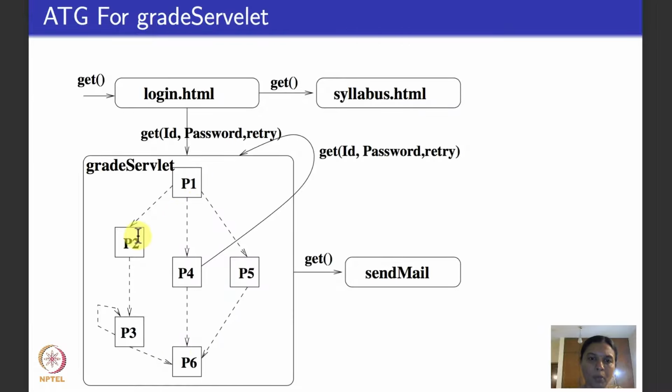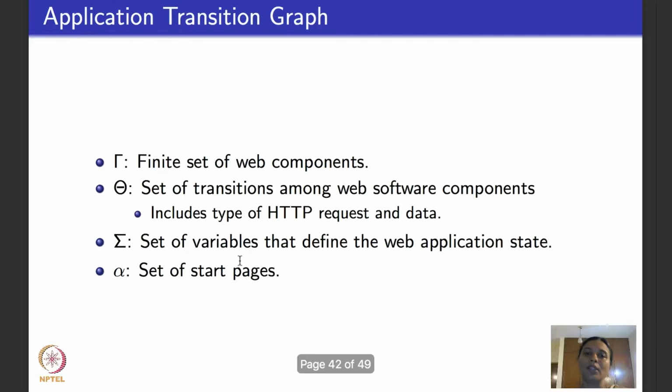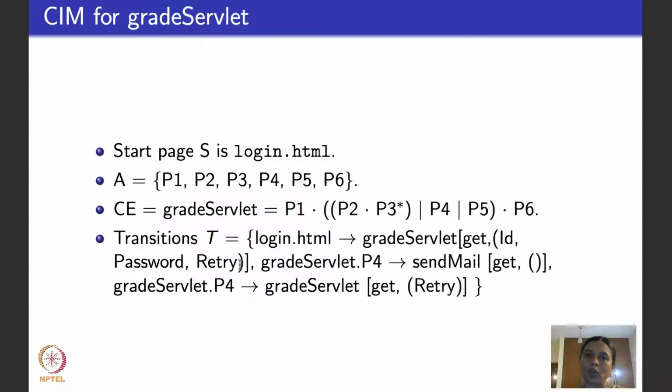P1 could be followed by P2, any attempts of P3 or P6, or P1 could be followed by P4 followed by P6, which corresponds to password retrials up to 3 times, or P1 could be followed by P5 followed by P6, which corresponds to failure after the 3 retrials and empty page is printed. So this is how a CIM looks like. I hope this example explained to you to a certain extent how a CIM model looks like.